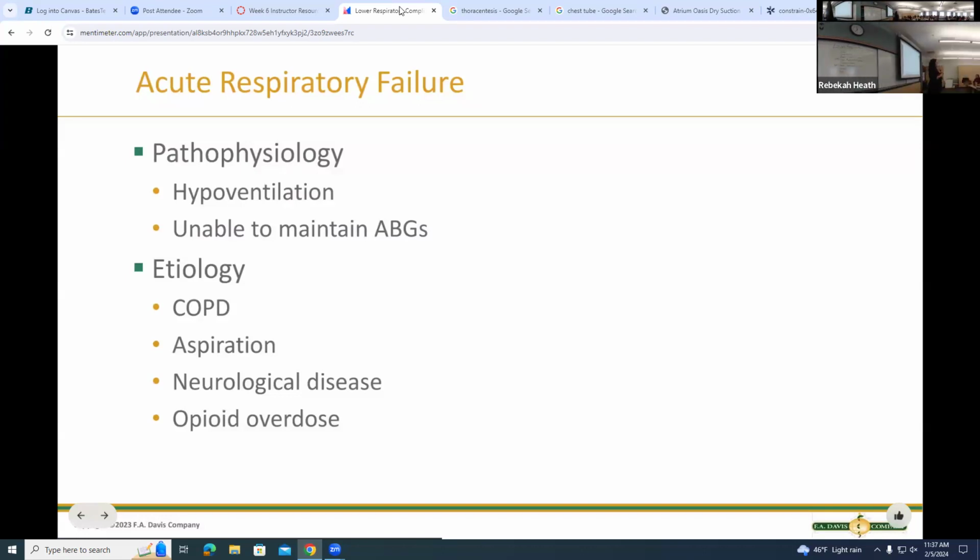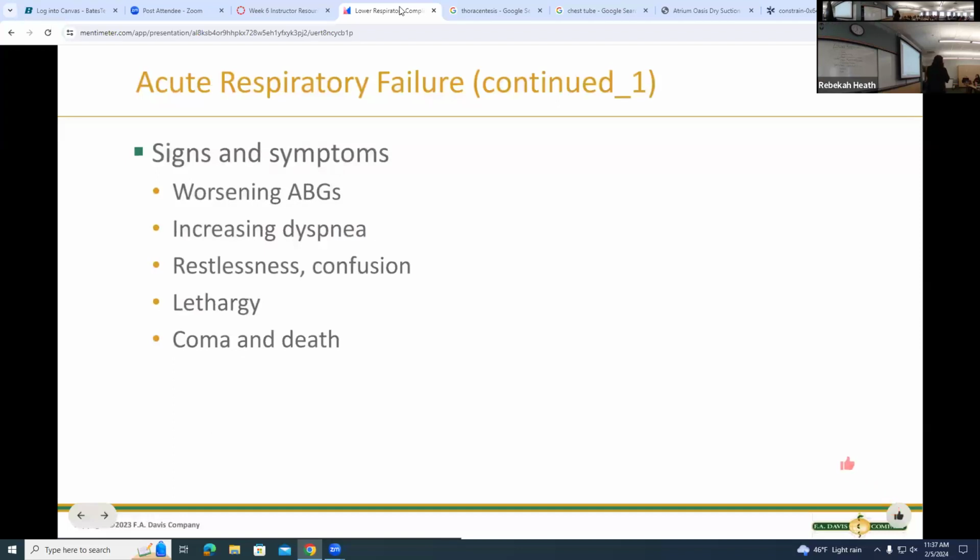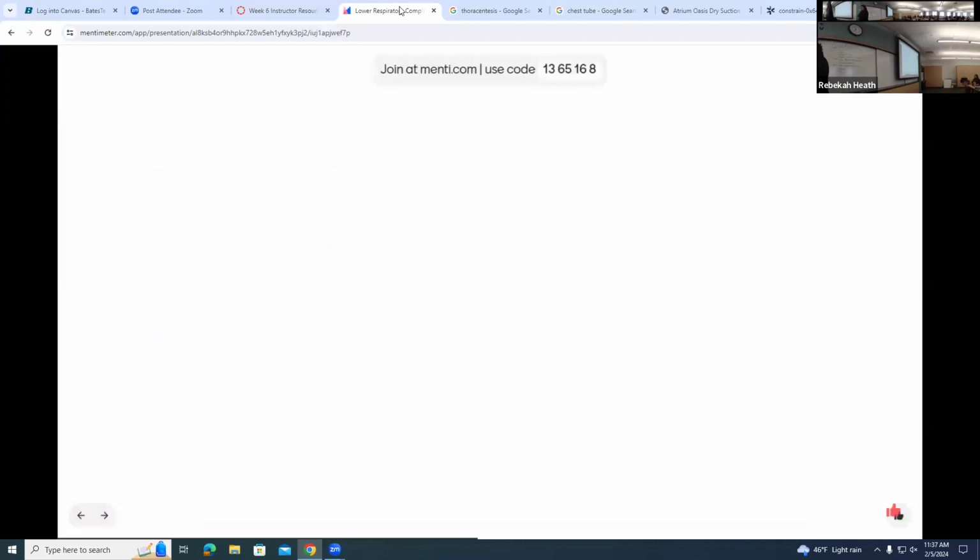They need some assistance. So with these people, we're going to see that they are breathing a lot more with more difficulty. They get confused, their oxygen sats are going to be dropping. They can eventually go into a coma.